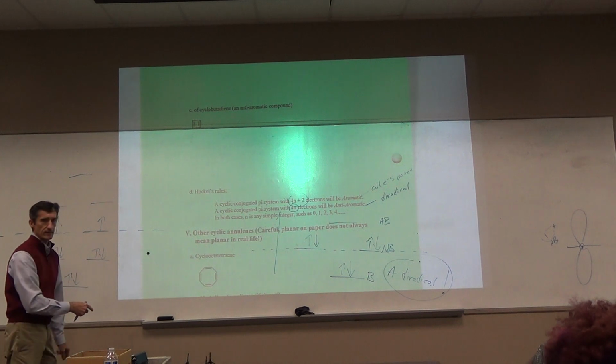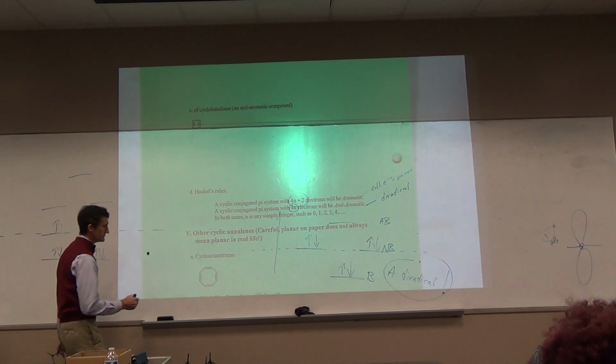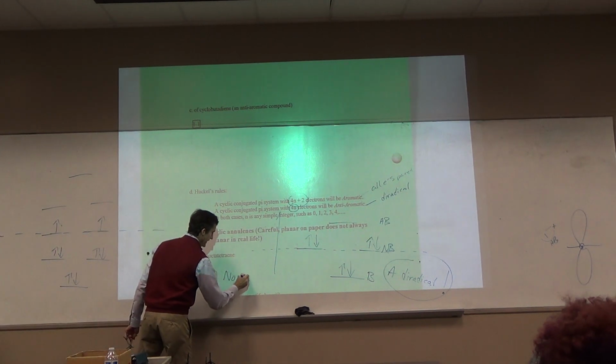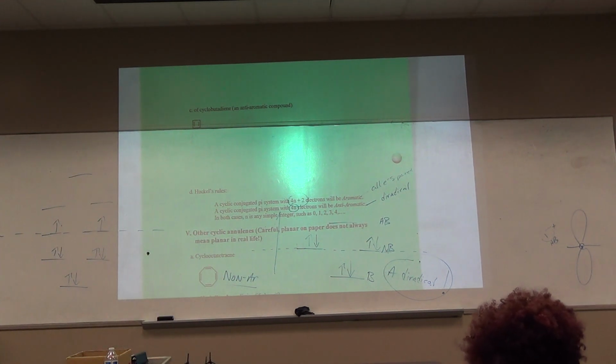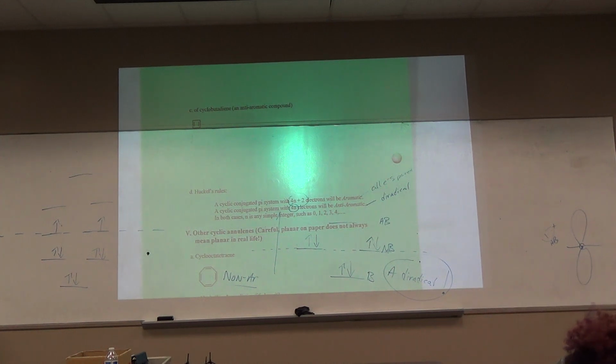Is it anti-aromatic? No. What do we call it? Non-aromatic. It's just called non-aromatic. The same classification we would give to water. Water is non-aromatic. Or butane. Butane is non-aromatic. Non-aromatic, it's not cyclically conjugated.